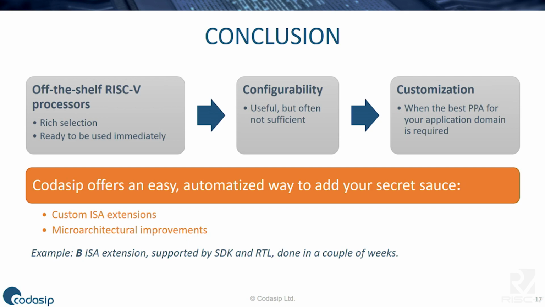Now, it may be the case that you would like to remove or add some already defined, already verified extensions, such as float, compact instructions, on-chip debugger, branch prediction, and so on. And again, it takes like a day to do it. And in a day, you have IP that consists of everything you need to start integration and then software.